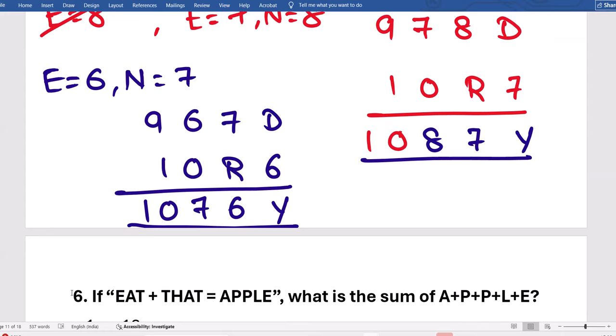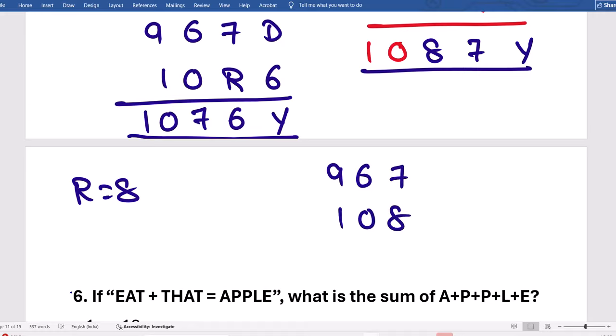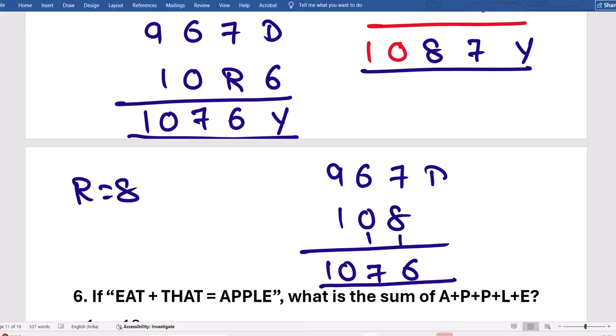We can take carry from previous, R is 8. 7 plus 8 is 15, 1 carry from previous, R value 8. If I take R value 8, 967108, maybe carry from previous. It's reduced to this case so far.